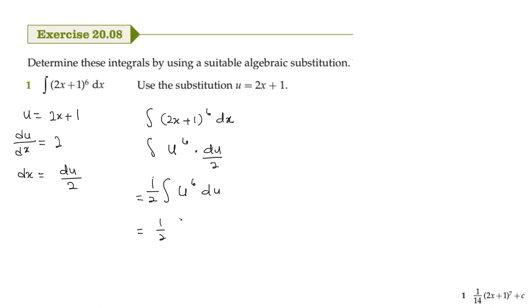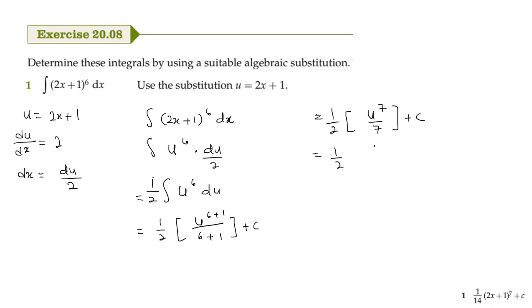Therefore remember, plus 1 for the power of u, then divide by the new power, and don't forget to put plus c. Now your function becomes 1 over 2 times u to the power of 7 over 7 plus c. And don't forget to substitute back u with 2x plus 1.